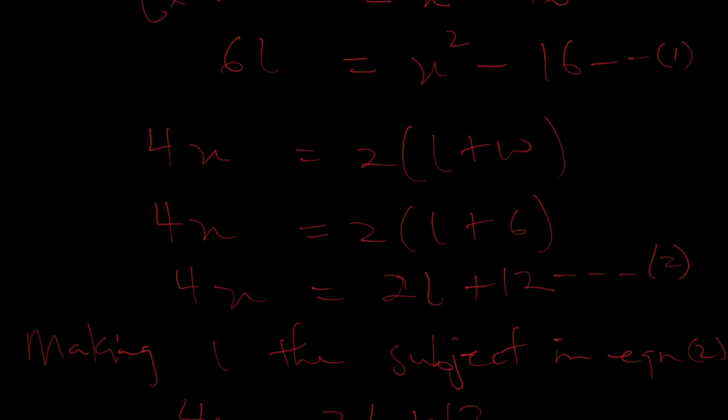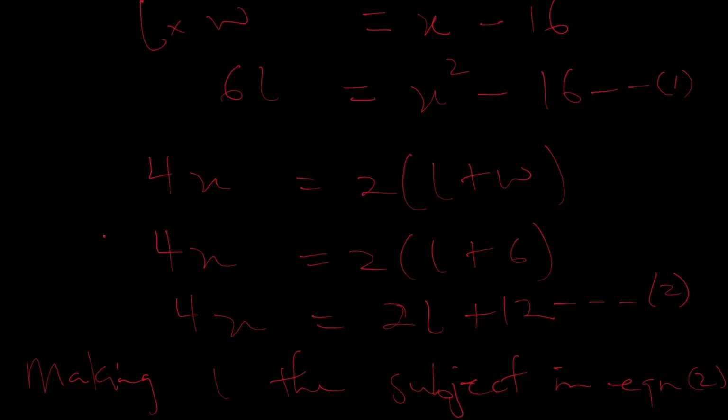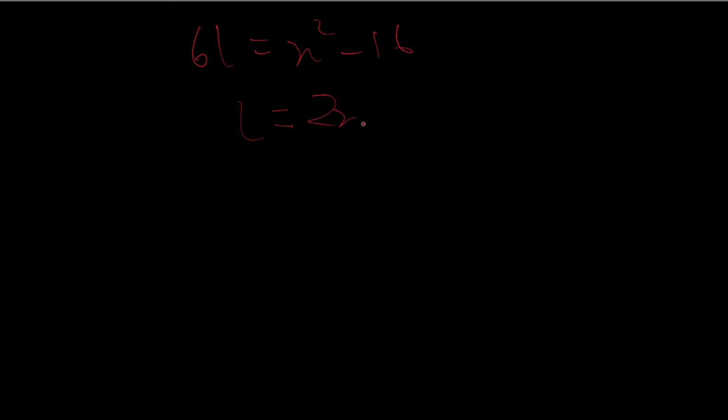So we know our equation 1 is 6L is equal to x squared minus 16. And our L is 2x minus 6. So anywhere we see L, we put 2x minus 6. So we have 6 into bracket 2x minus 6 is equal to x squared minus 16. Now we expand to remove bracket. So 6 multiplies this and at the same time multiplies this.